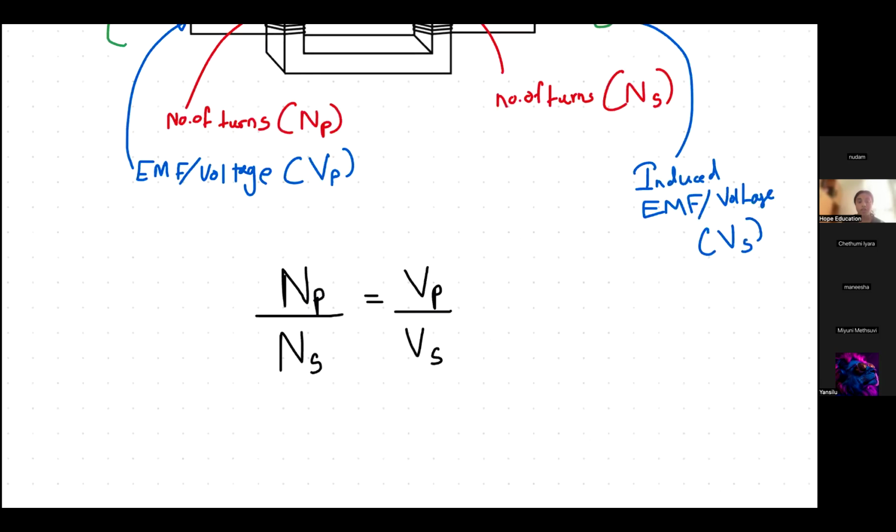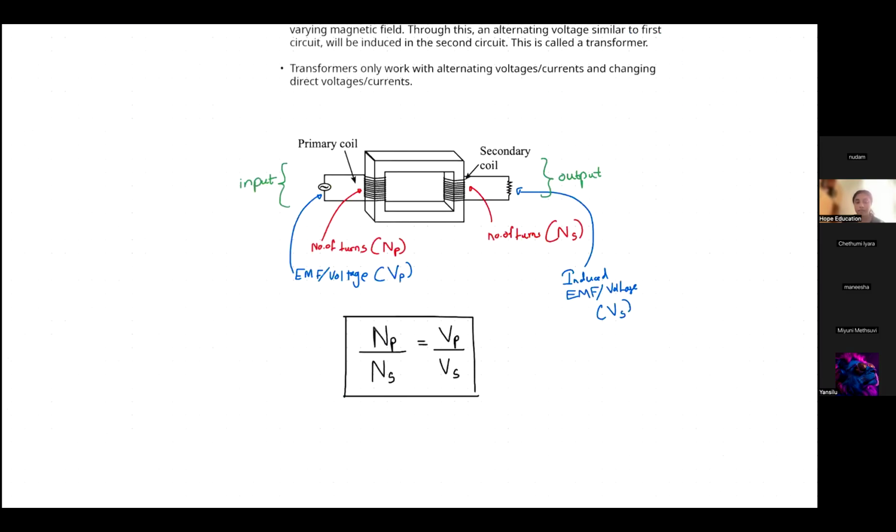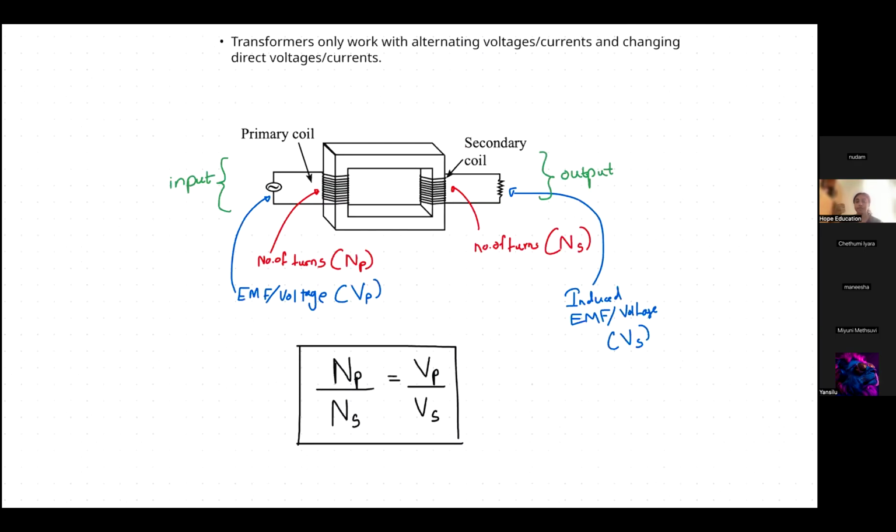This is true for all transformers. There are different types of transformers, and we will talk about them in a little bit, but this formula is true for all of them. Up to this point, is it clear? Give me a thumbs up, please, if it's clear.